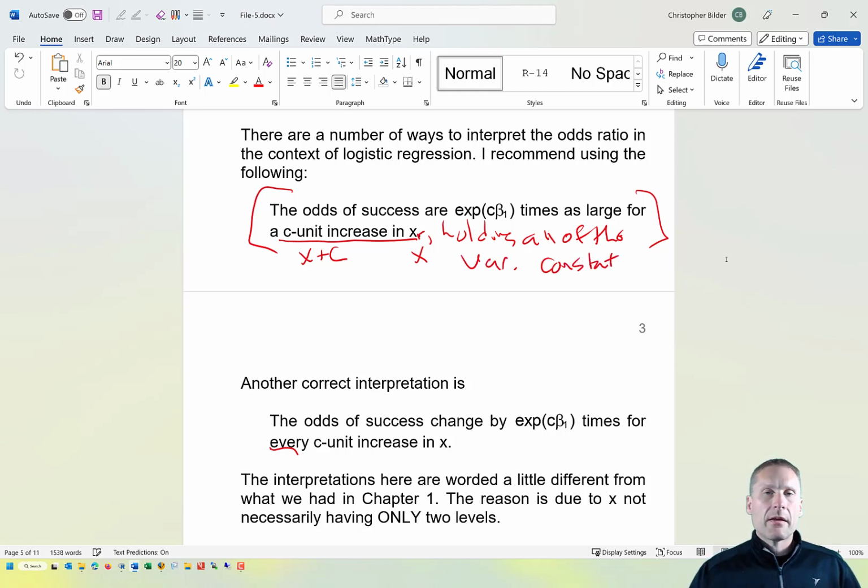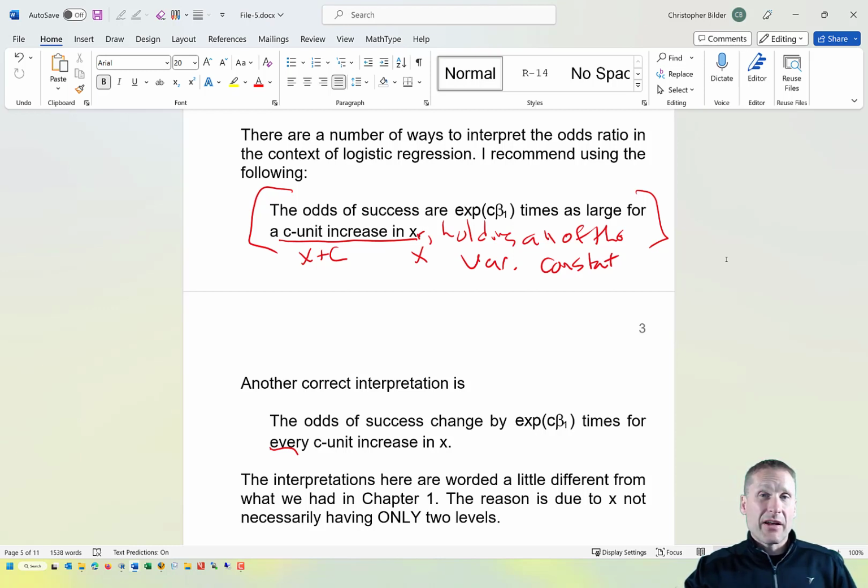This means that you're just focusing on that particular explanatory variable. The other explanatory variables cannot change in your model if this same interpretation is to hold. For example, let's say you had one explanatory variable called x1 and you looked at a c increase in it.